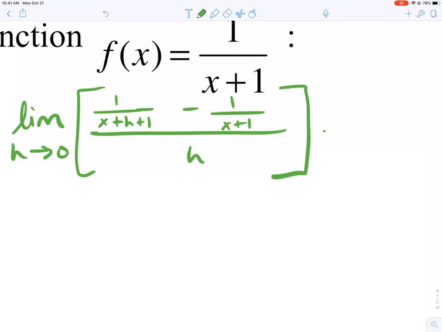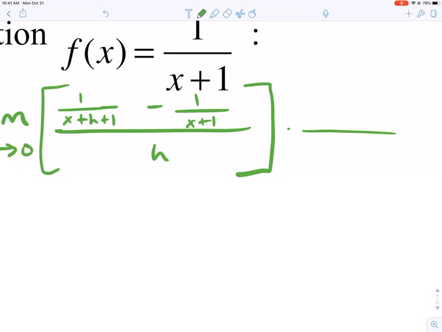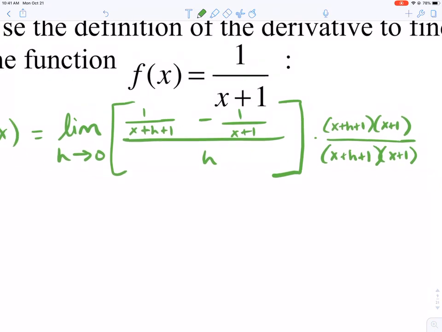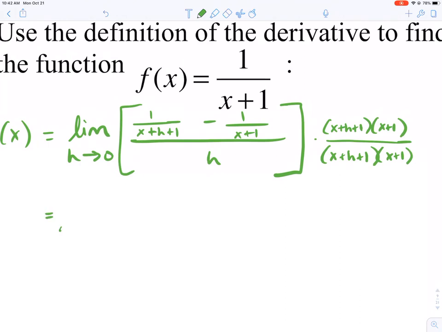So we have complex fractions. Let's use LCM over LCM. So I'm going to multiply by x plus h plus 1 times x plus 1 over itself, which I'm allowed to do because it's the same as multiplying by a version of 1. When we distribute to the first fraction in the numerator, the x plus h plus 1 will cancel.